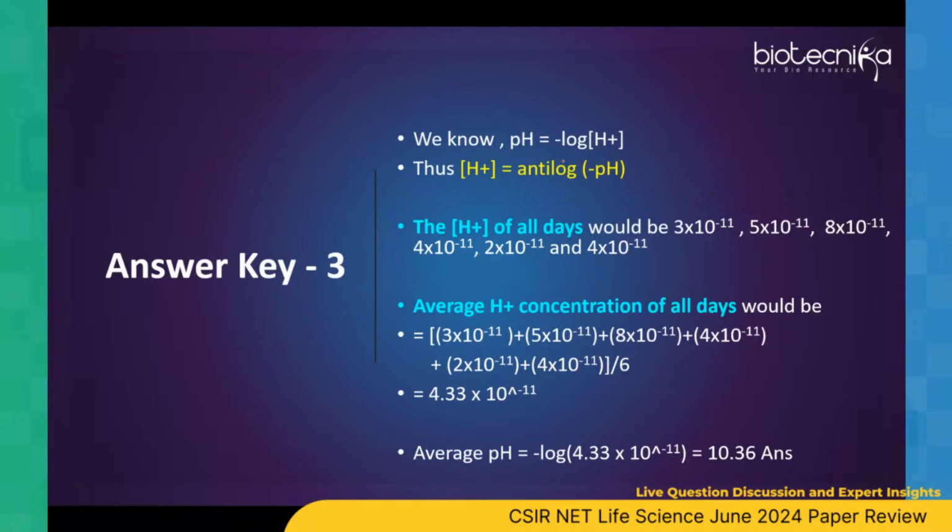So H plus is the antilog of minus pH. For each of the pH values given, you have to calculate the H plus. Believe it or not, it makes a difference in your answer.